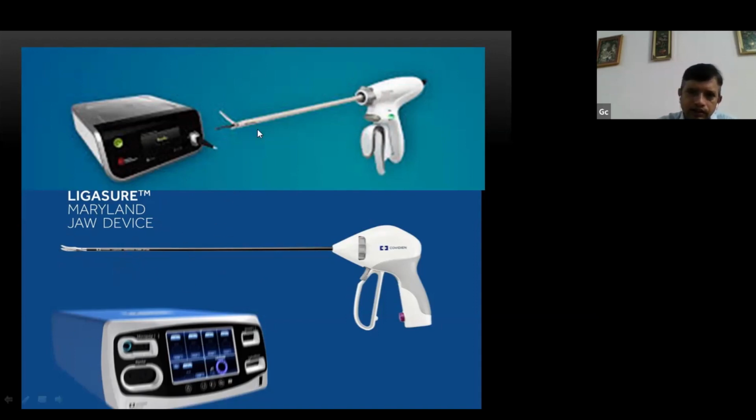Near the nerve, you have to avoid these instruments, especially the ultrasonic. So avoid the active part of the ultrasonic near the nerve; use the active part away from the nerve. Always catch the tissue, lift it away from the nerve, and then cut it. Similarly, with this one, catch the tissue, lift away, then cut it. So these are some safety points.